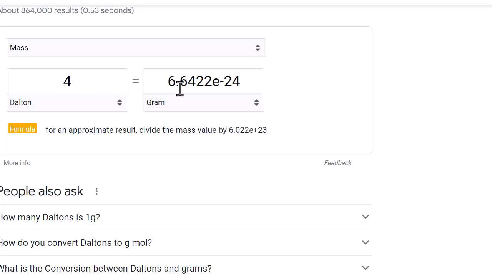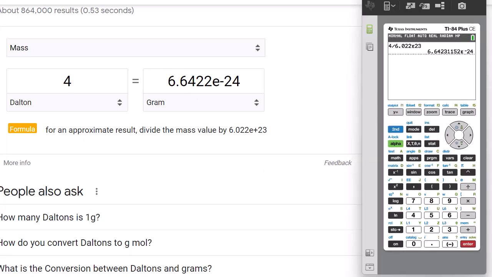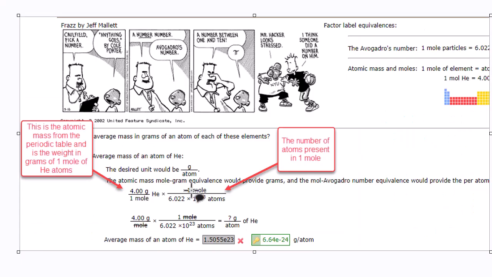So I'll put a 4 there, and that matches our answer that we had. Our answer was 6.64 times 10 to the negative 24. Now their answer is a little bit smaller, but that's because we only had this to 3 significant digits. Well, there's our answer, finding the mass of a helium atom. It makes sense.